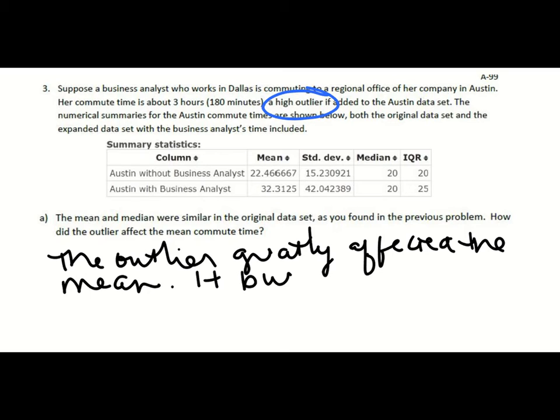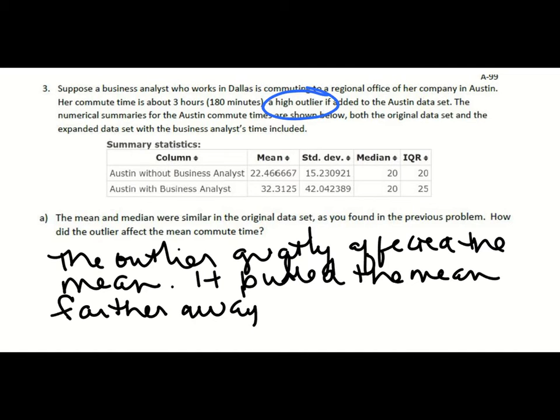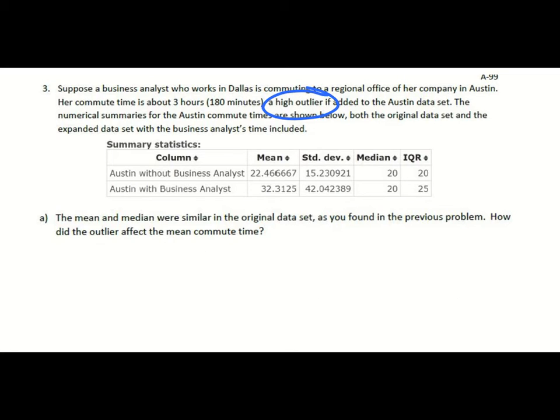It pulled the mean farther away from the median. But the median doesn't change, it just pulled the mean farther away from the median.